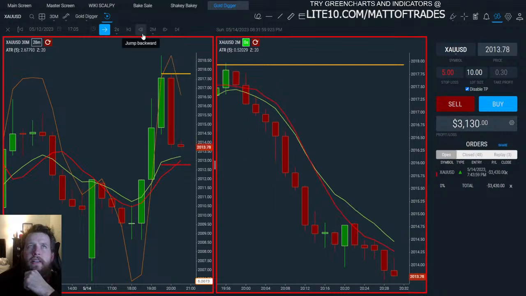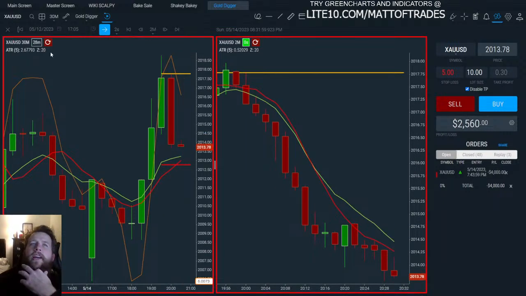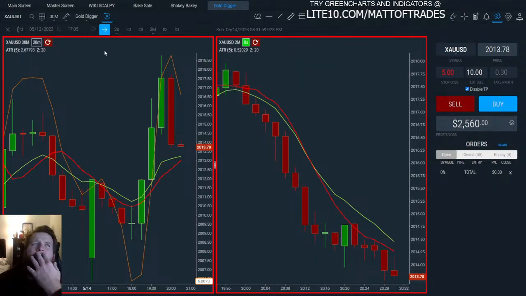Okay, so officially it's telling me to hop out right here, and that's just because it's switched. It just seems a little slow. I'm trying to think of what we can do. Should I use a 15-minute? I don't think so.